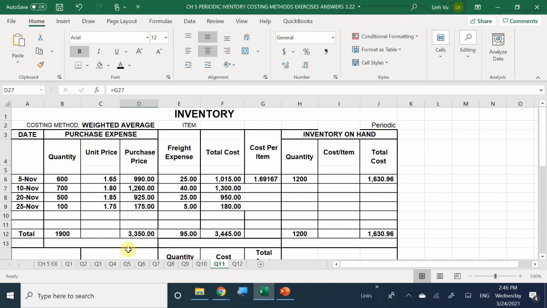Now I'm going to tell you this. For this class, when I test you, you are only going to need to know how to do only purchases. There will be no returns and allowances. There will be no discounts.